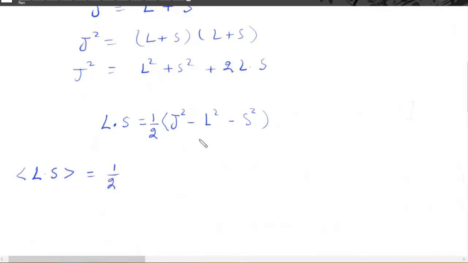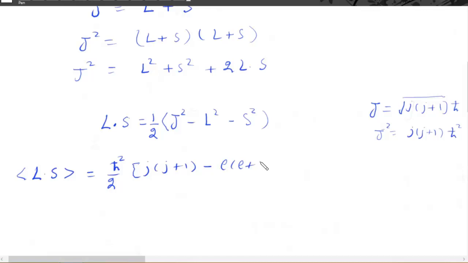This is 1 over 2, and the magnitude of J is the square root of j into j plus 1 times h cut, and the J squared value is equal to j into j plus 1 times h cut squared, and similarly for L and S. Then we take common h cut squared and write here j into j plus 1 minus l into l plus 1 minus s into s plus 1.